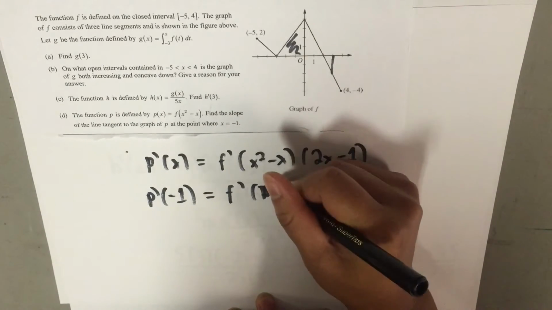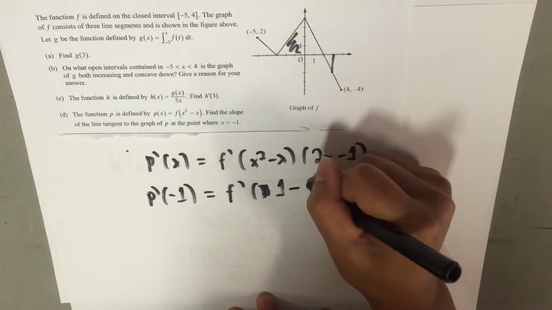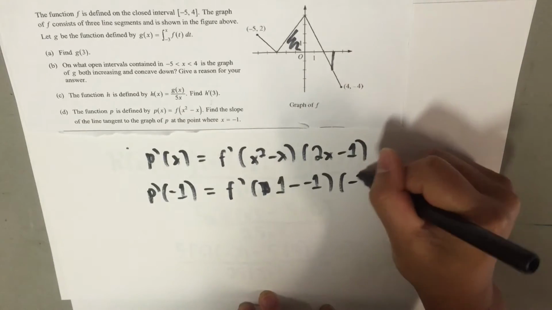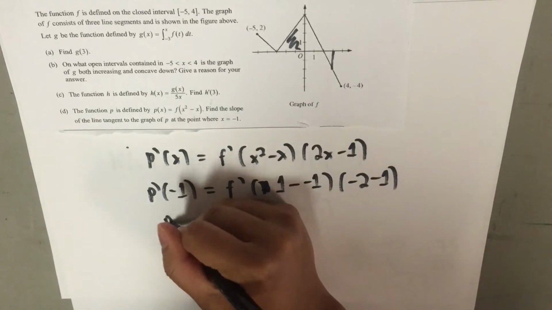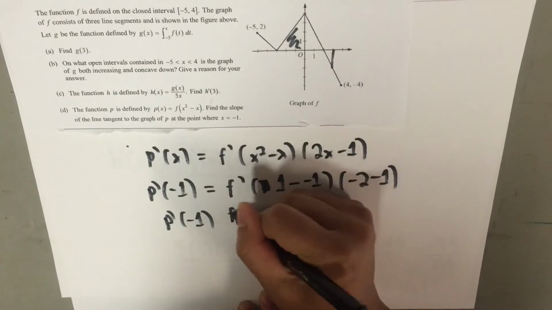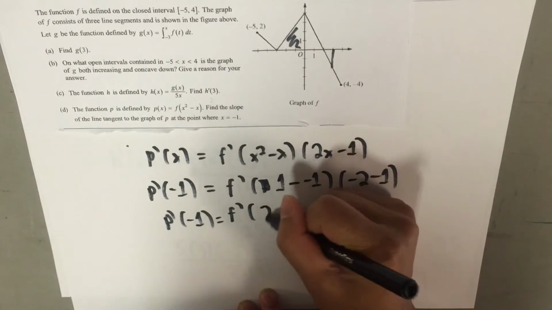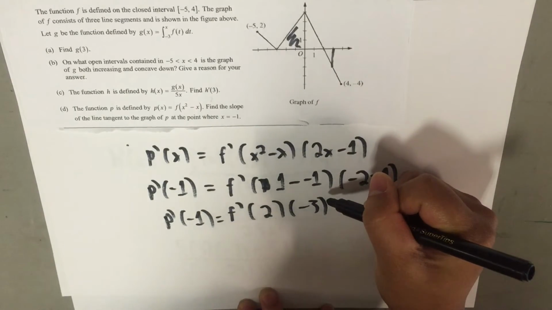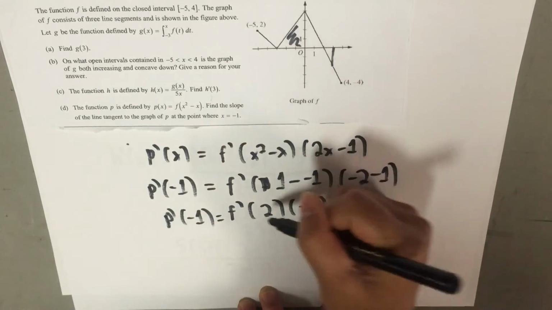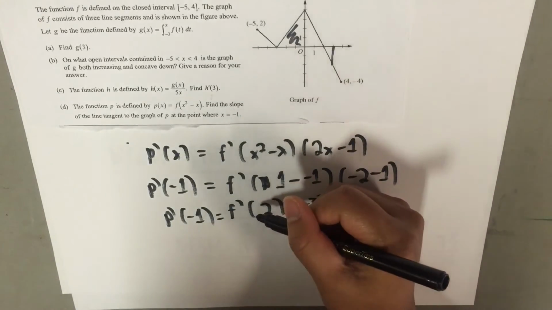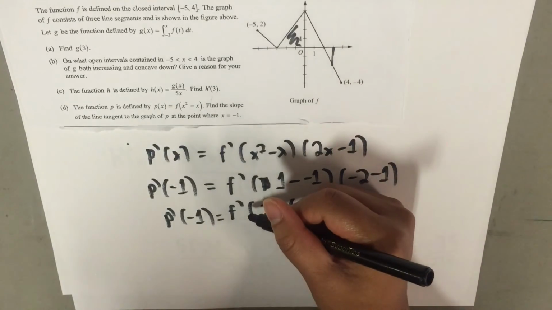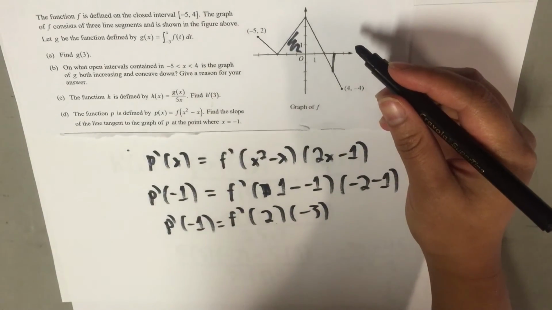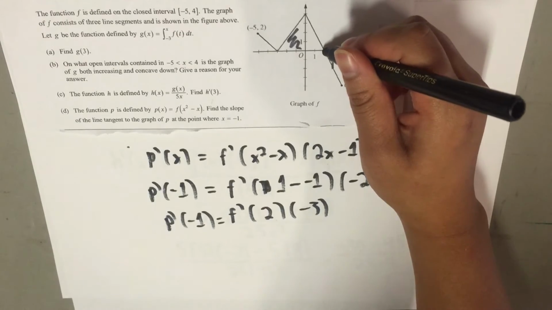f prime of 1 minus -1 times 2 times -1, which is -2, minus 1, that simplifies to f prime of 2 times -3. And the f prime of 2 is just the slope of the graph at 2.